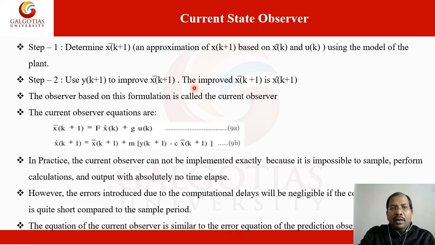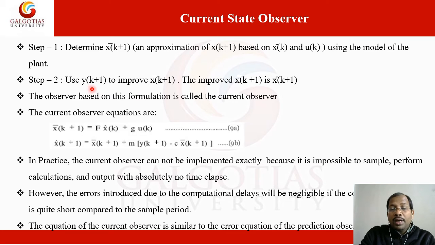First, determine x bar k plus 1. This is the approximation of x k plus 1 based on x cap and u k using the model of the plant. So we have to calculate x bar k plus 1, which is the approximation of x k plus 1 based on the estimated value and input.